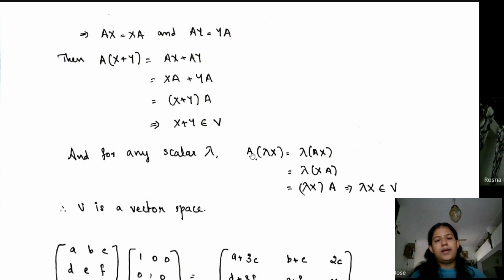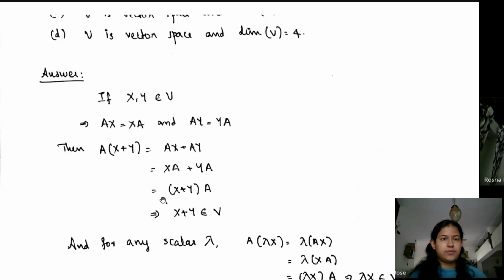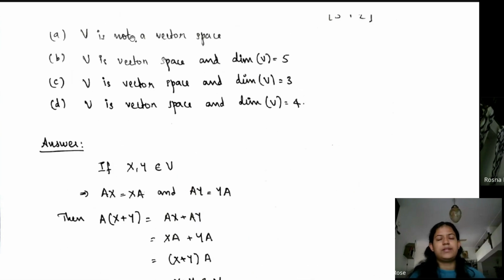Then A times lambda x is nothing but lambda times AX. And when you replace AX by XA, we get lambda x times A. So it is also closed under scalar multiplication. So V is a vector space, and the first option is wrong.